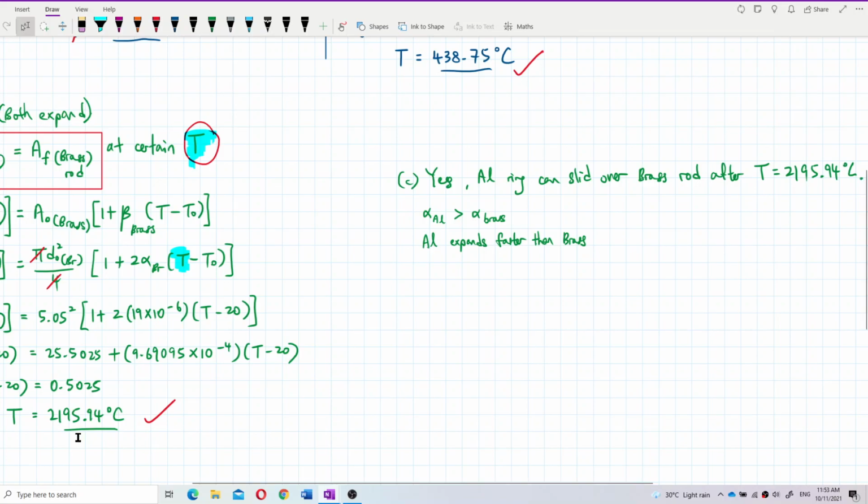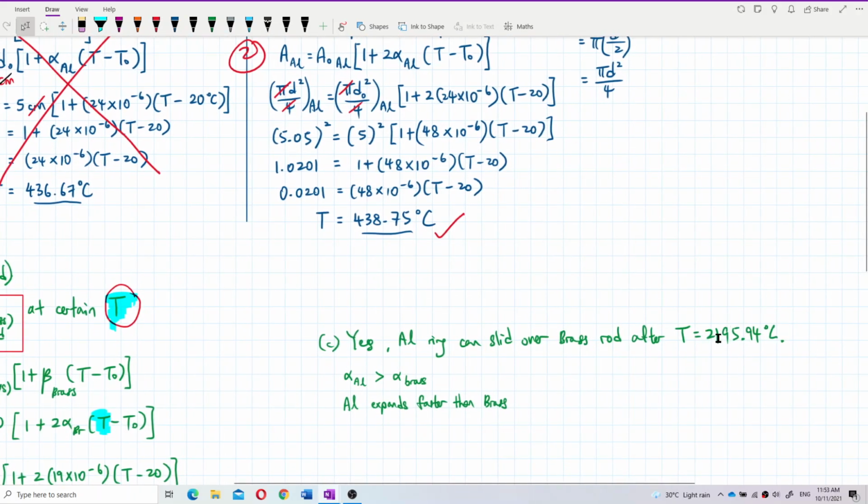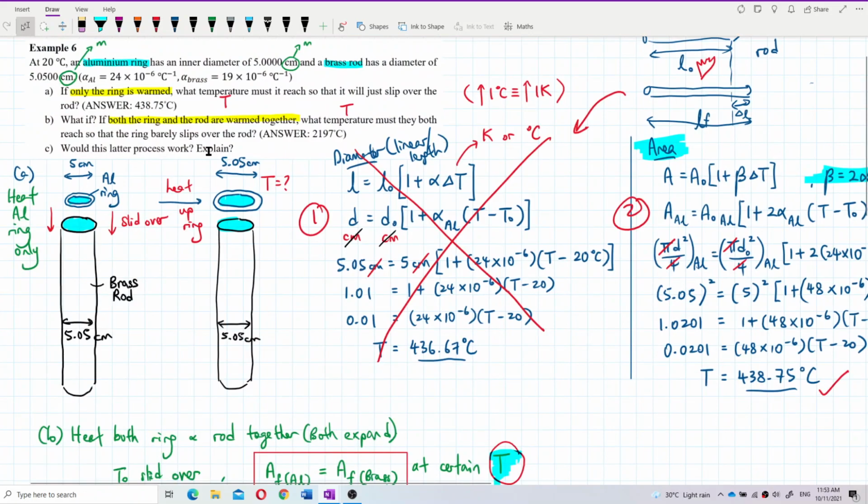It can slide over, but must be after this temperature. Before this temperature it cannot. At and after this temperature it can slide over. Higher than this temperature can slide over, lower than this temperature cannot slide over.